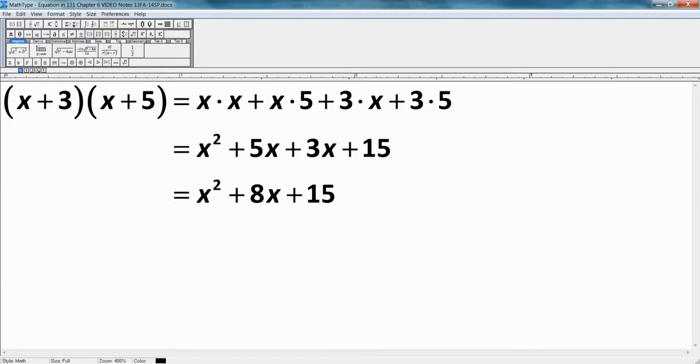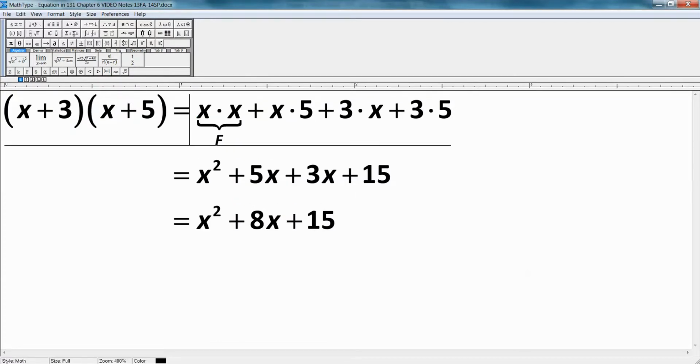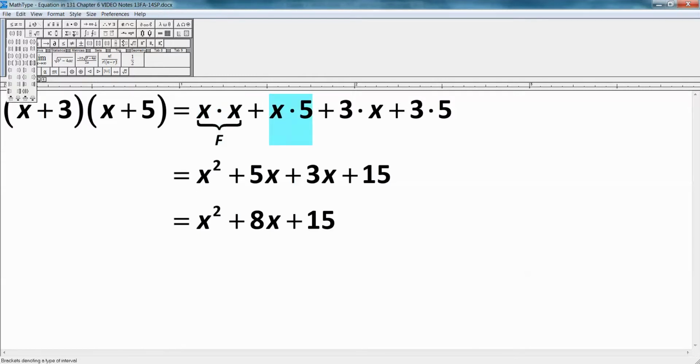Now, there's a little mnemonic, a way to remember what we're doing here. It's called FOIL. When you look at these 2, these were the first positions in both of those parentheses. So x times x was x squared. The way to remember that is F, for firsts, because it was the first position. And then x times 5 was the outer positions, because x is on the outside and 5 is on the outside.